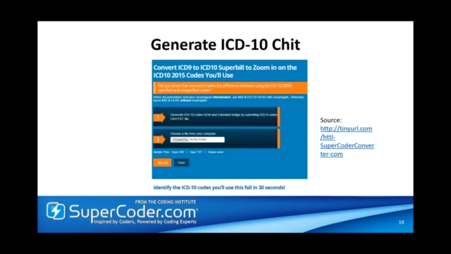Now, the other great thing about this is that it does allow you to have both the GEM, the CMS mapping, as well as extended mapping. So the concept with the GEMs is that CMS wanted to give people just a starting point for what one code in ICD-9 would correspond to in ICD-10.